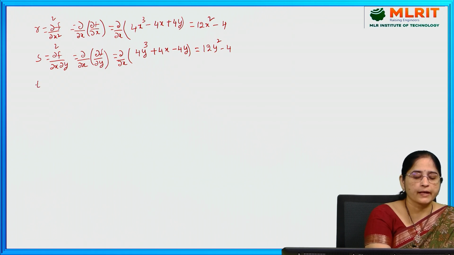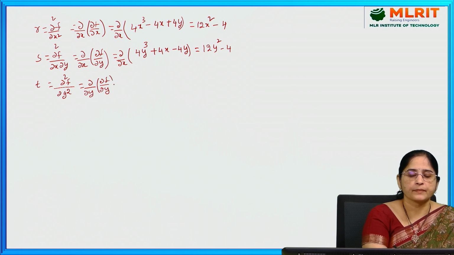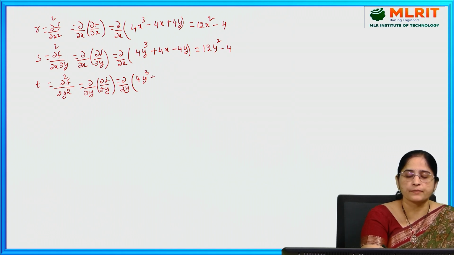Next, the t value we have to find out. Dou square f by dou y square is dou by dou y of dou f by dou y. Dou f by dou y is 4y cube plus 4x minus 4y.